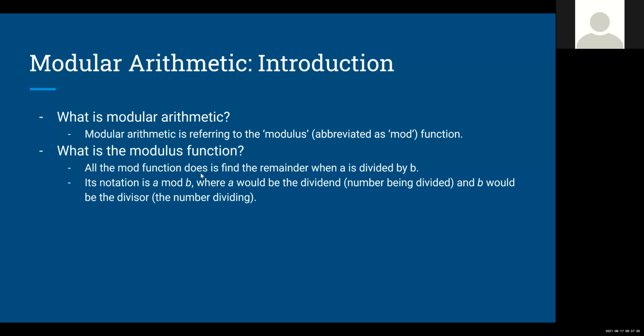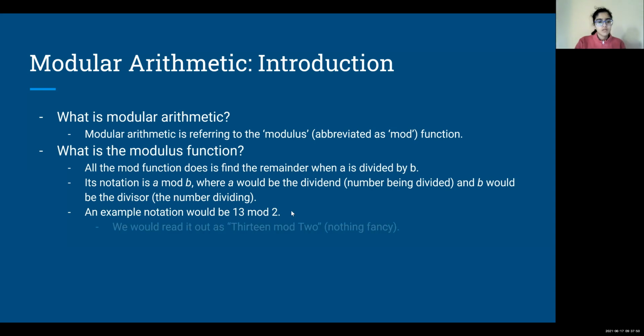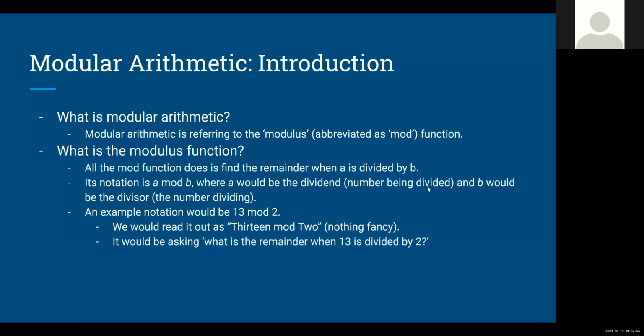In the notation A mod B, A is the dividend and B is the divisor. One example would be 13 mod 2. The value of that is just the remainder of 13 divided by 2, so 13 mod 2 would equal 1.